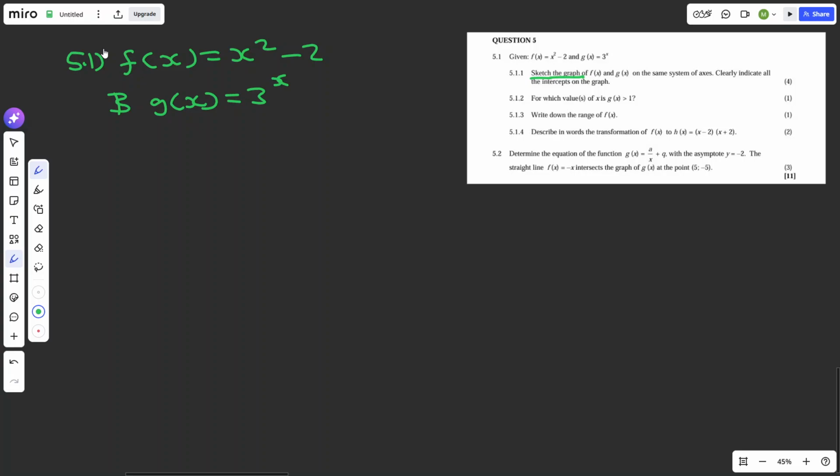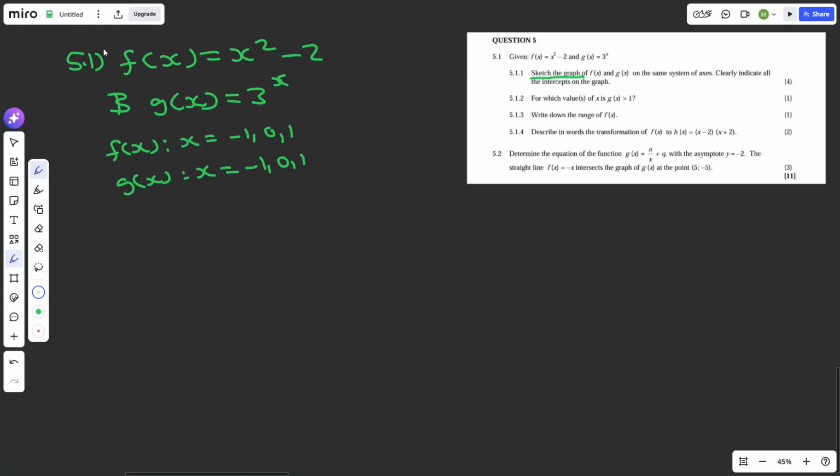For f of x, we're going to be using these values, x is equal to minus 1, 0, and 1. Same applies with g of x: minus 1, 0, and 1. So now, what are the corresponding outputs for each here? That's what we want to find, right? We get those corresponding values, and then we'll be able to plot our functions.